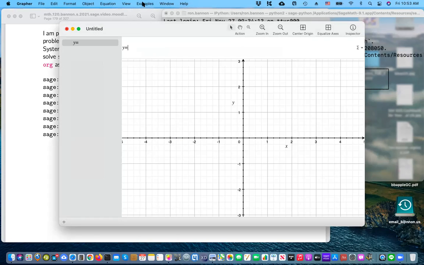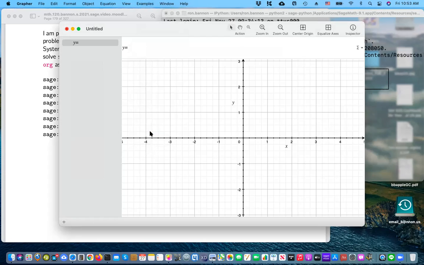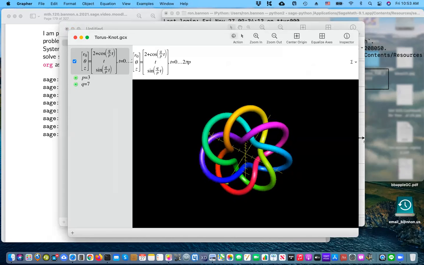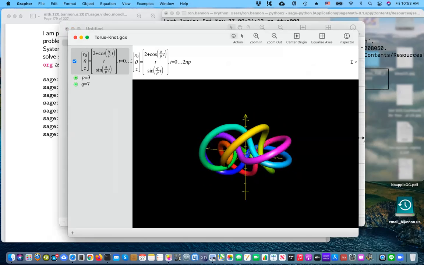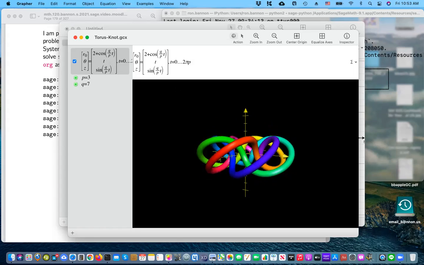You could also do things that you're maybe going to do in the future, 3D examples. One thing nice about commercial software is we can do interesting things with it. You can play around with that. I may come back to that later, but I want to do Sage.